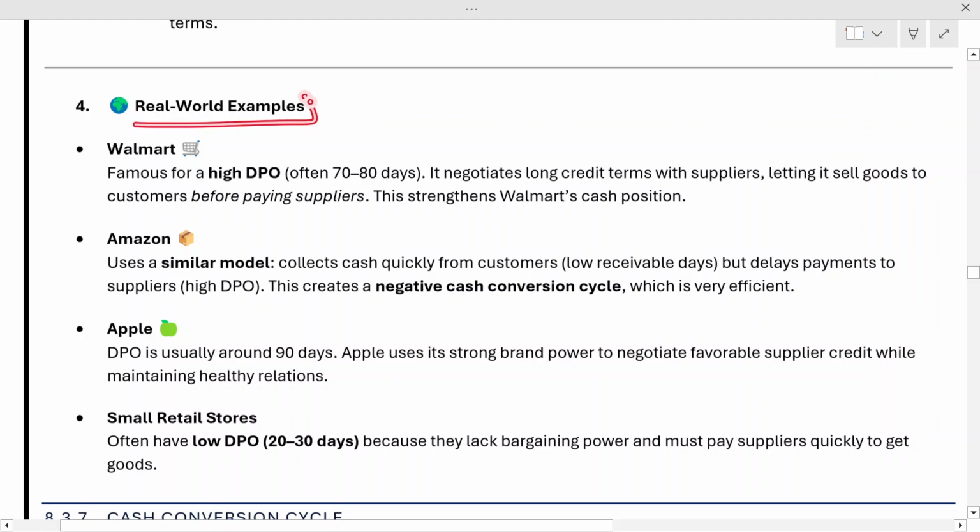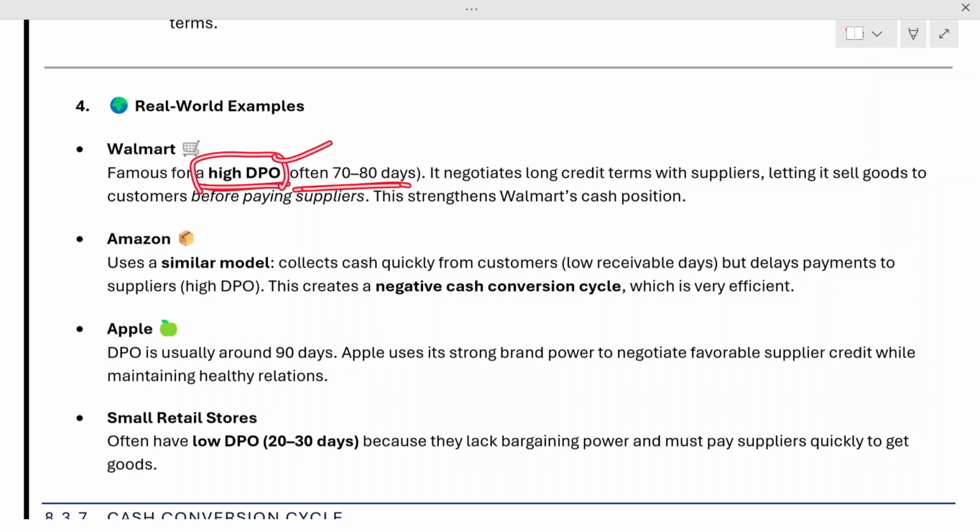Now let's see some real world examples. In the Walmart case, Walmart generally has a higher DPO of 70 to 80 days. Why? Because they delay payment to their suppliers, and their suppliers know that Walmart is such a giant that even if Walmart is delaying the payment, they will pay, and it is a great long-term business.